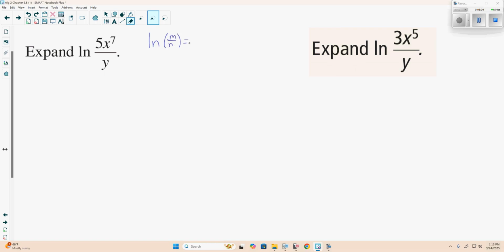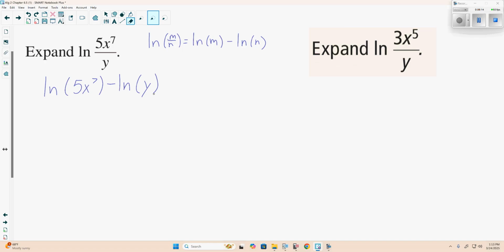Because the natural log of m divided by n is equal to the natural log of m minus the natural log of n. Well, m in our case is going to be 5x to the 7, minus n, which in our case is y. Because it's the natural log of the top minus the natural log of the bottom.